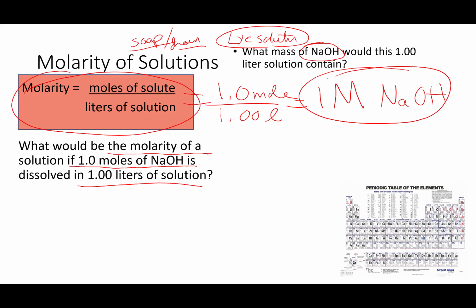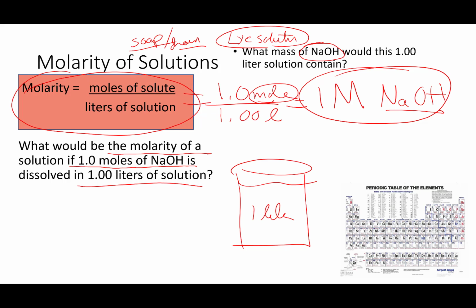That is the definition of molarity. How many moles of a chemical are dissolved in 1 liter? So if I had a 1 liter beaker full of water and I happened to have within that 1 mole of sodium hydroxide, I would have a 1 molar solution.